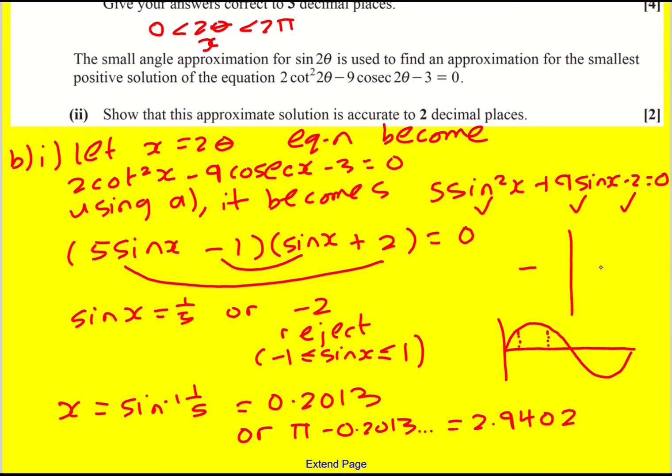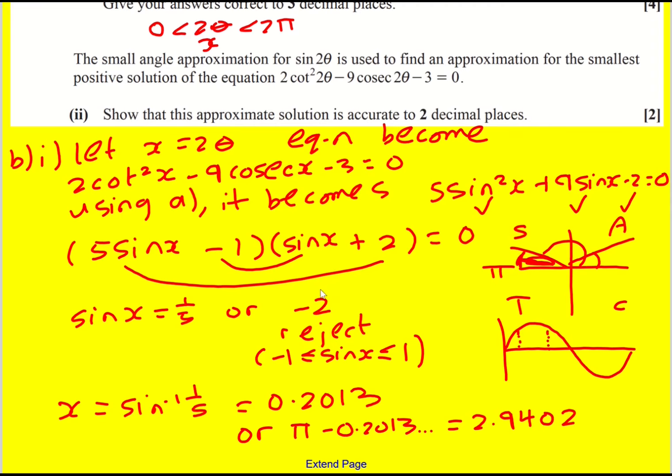If you're using cast diagrams instead, all sausages turn cold, then it's a positive one, so it's here and here. So you get this solution, and then to get this one, we're going to be doing pi minus this, because remember this is pi. So I'm just trying to explain it in different ways, but those are the two that you get. And then we're nearly there.